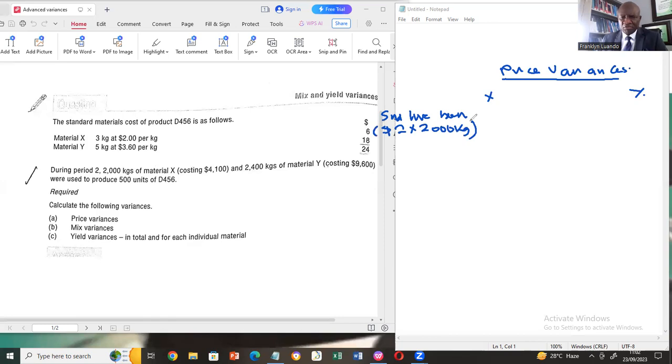This should have been 4,000. For Y, if we had followed the plan, the cost is supposed to be 3.6 multiplied by 2,400. If we had followed the plan, the cost would have been 8,640.